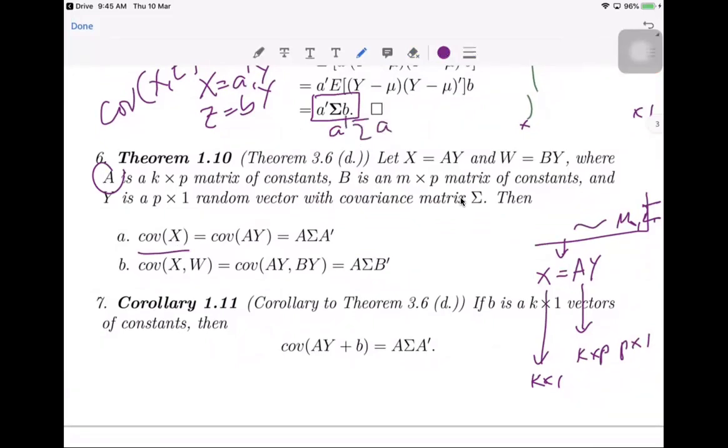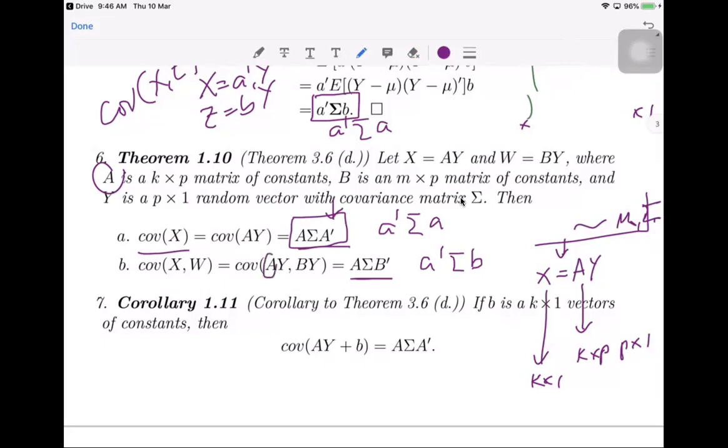However, for matrices, the transpose is placed differently: for the vector it is A prime sigma A, but for the matrix it is A sigma A prime. For the vector A prime sigma B, but for the matrix it's A sigma B prime.